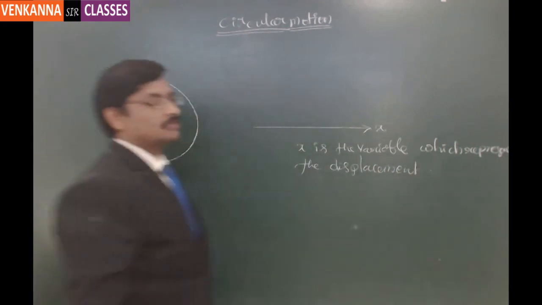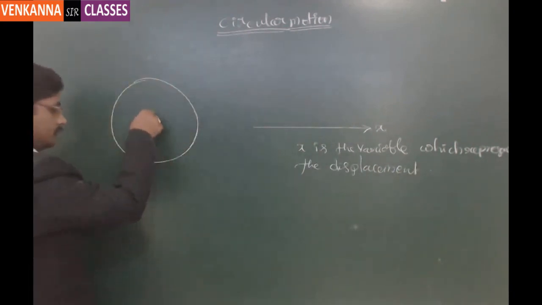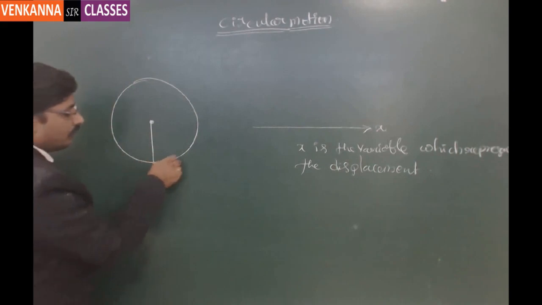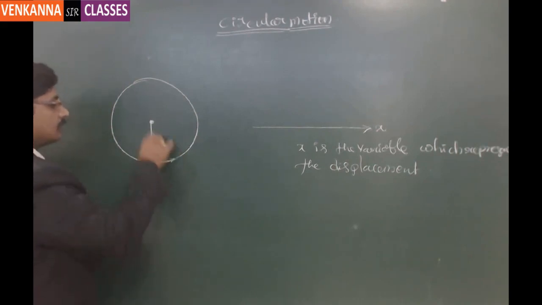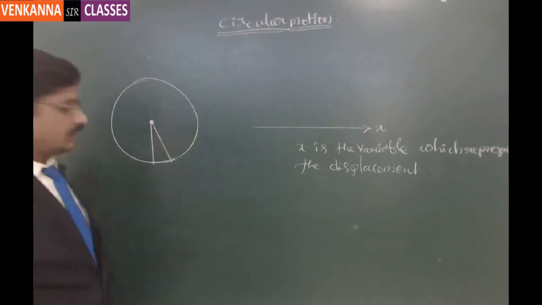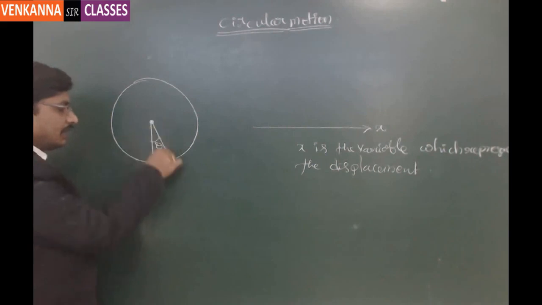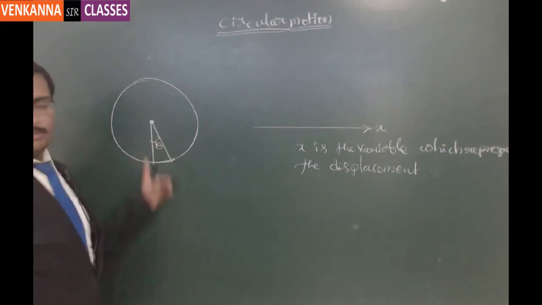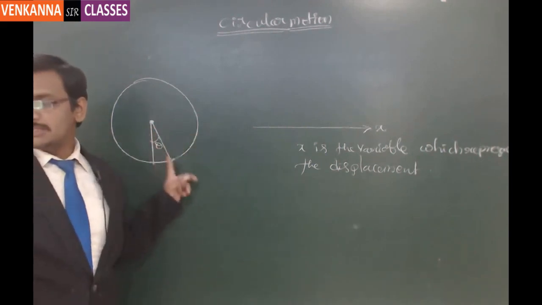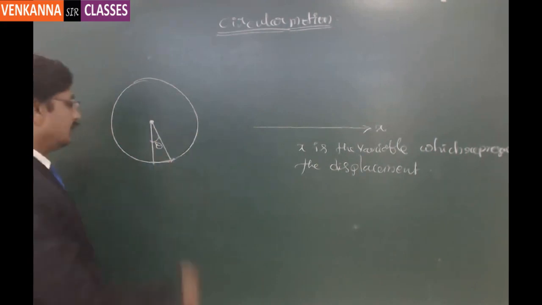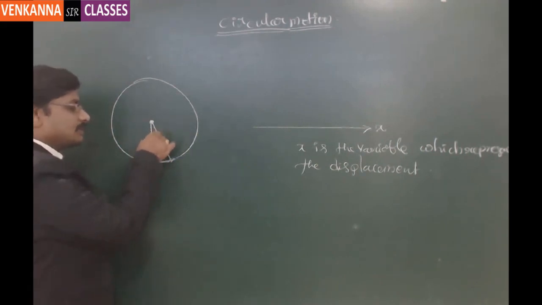Now in circular motion, suppose a particle starts moving in this particular direction. If you look from the center of this circle, there will be a change in the angle, and there won't be any change in the radius, or the distance from this location. Since this is a circle, this distance is maintained constant and the angular displacement changes.